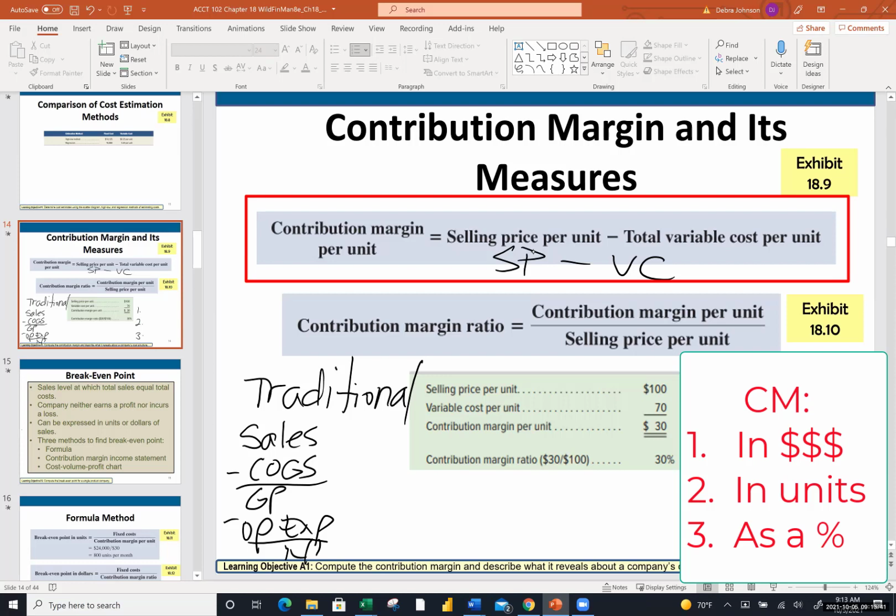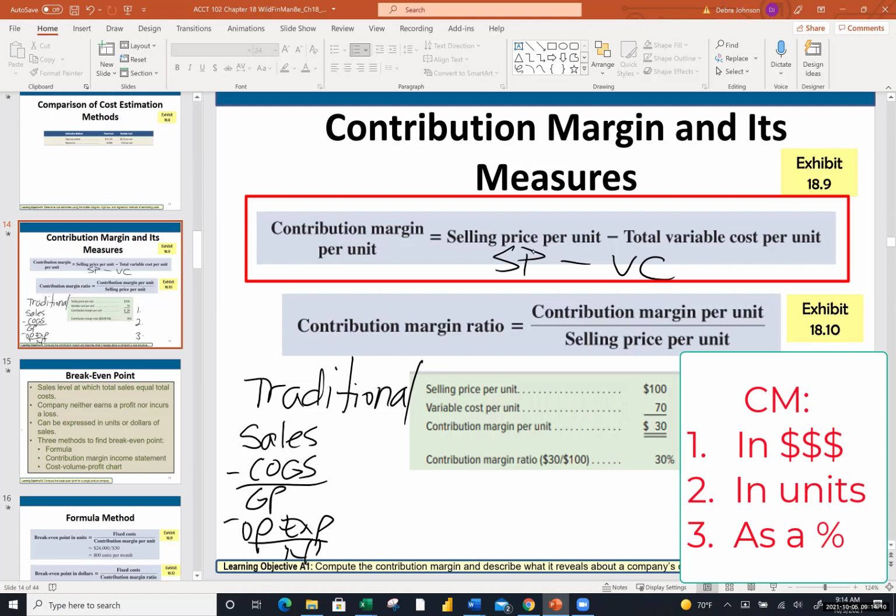Not necessarily all of the cost of goods sold, right? Remember what's in that. The rent for the factory's in there someplace. So not all of the cost of goods sold, just the variable cost components. Direct materials is always variable, and the labor is always variable. By definition, it's a direct cost. And then any other variable cost, like sales commission, is a variable cost.